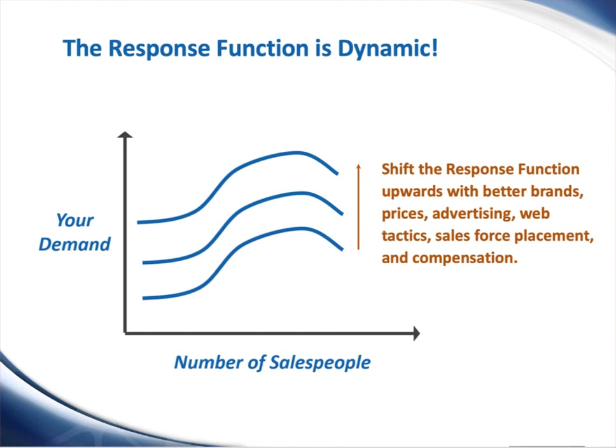So while we have a function that might have too few to do any good, too many to chase too few customers, that function is lifting every quarter with the number of customers in the marketplace.